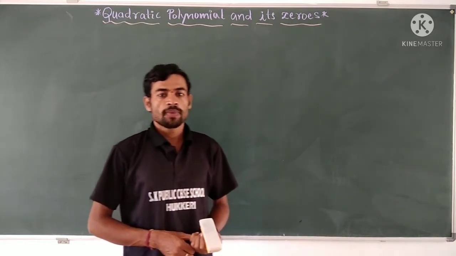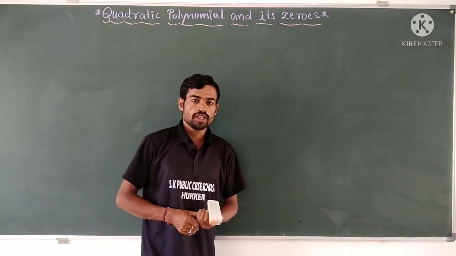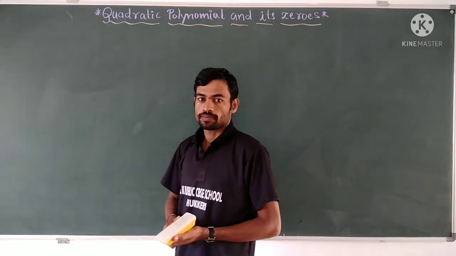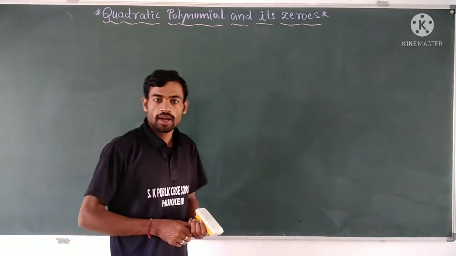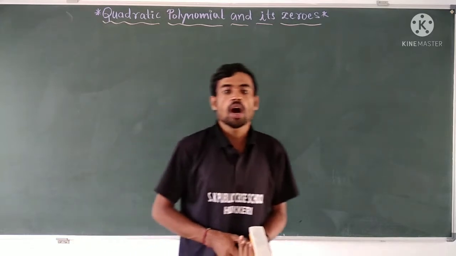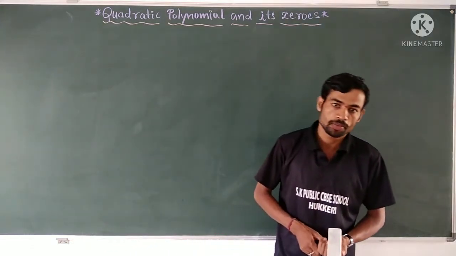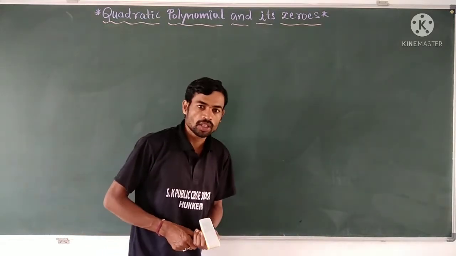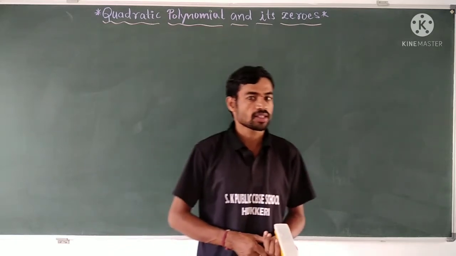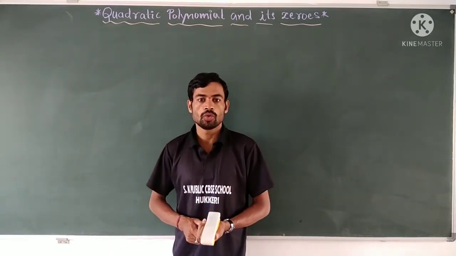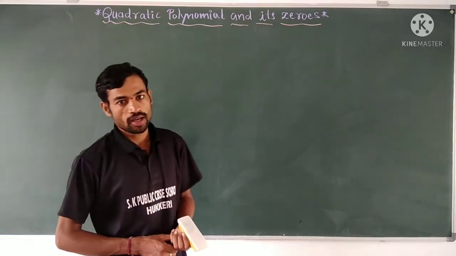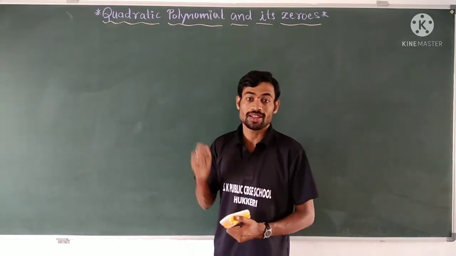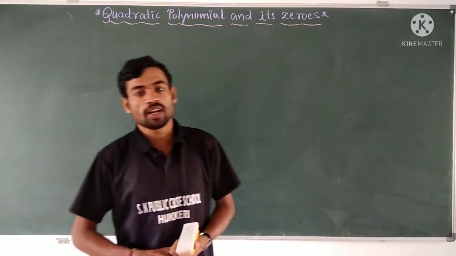Dear students, in the previous class we discussed what a linear polynomial is and its general form, and we also studied how many zeros a linear polynomial has. The general form of the linear polynomial in variable x is p(x) = ax + b, and if k is the zero of the polynomial, then k = -b/a.